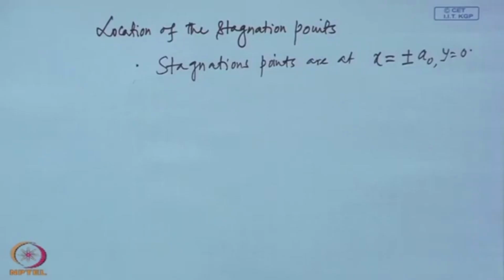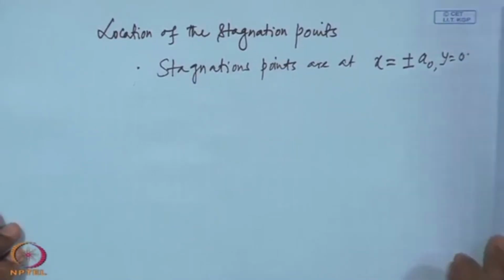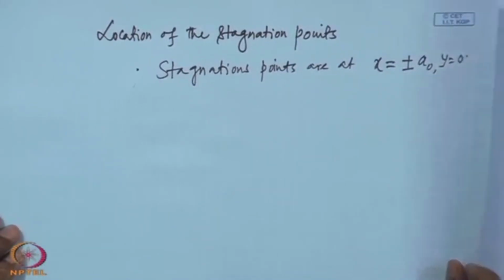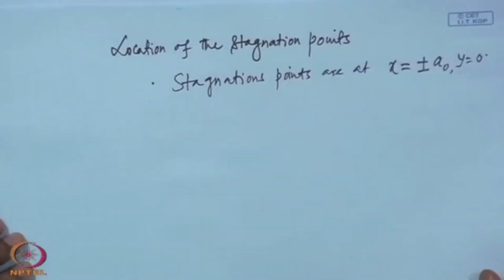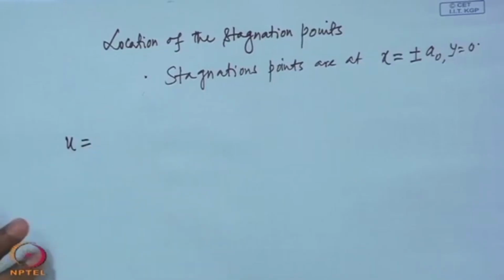So, what will be a 0? Find the velocity components. What is the velocity component u? Anything you want, you can use either phi or psi.